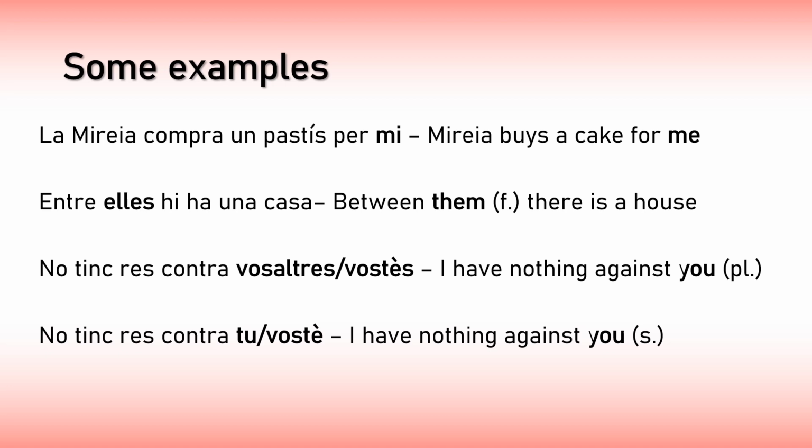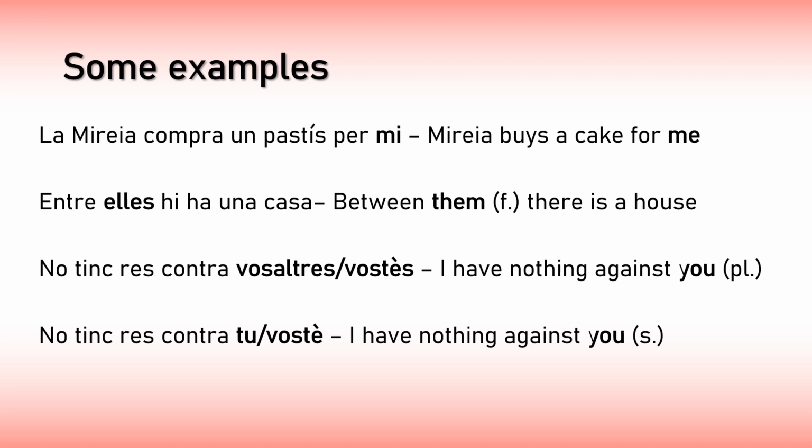In this case, me is the indirect object. So you use a preposition before this pronoun, and thus you use the second type of pronoun that I explained. La Mireia compra un pastís per mi.